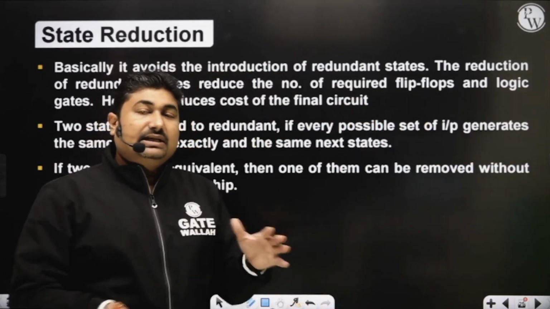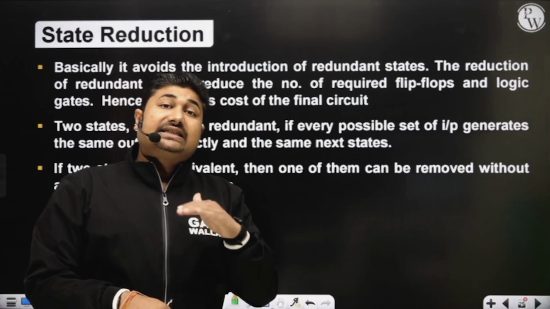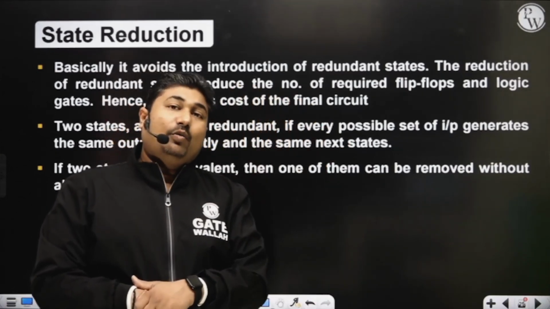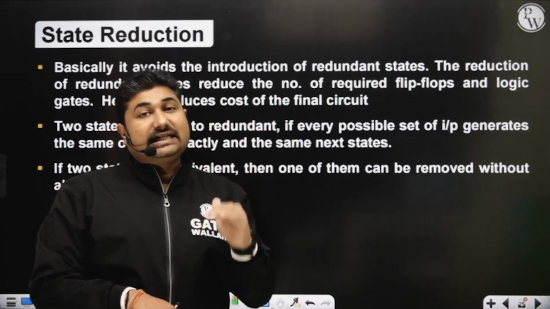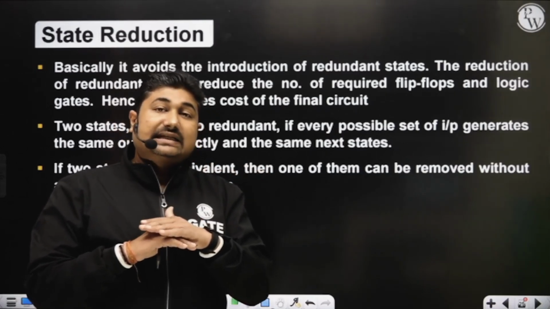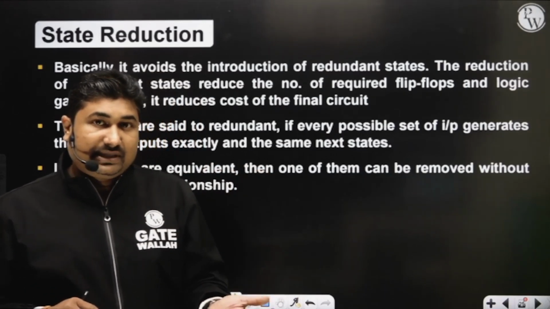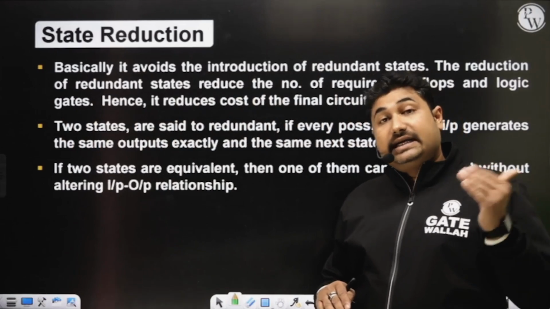Sometimes when we construct a state table, for every set of possible inputs we get the exact same next state with the same output. Such same states and same outputs need not be represented in our state diagram, because those are false states. So we can make a state reduction.